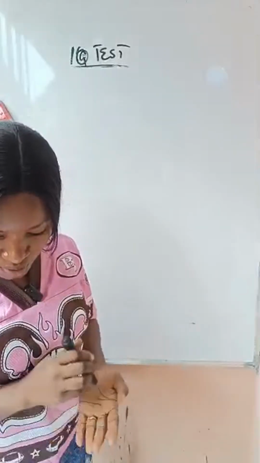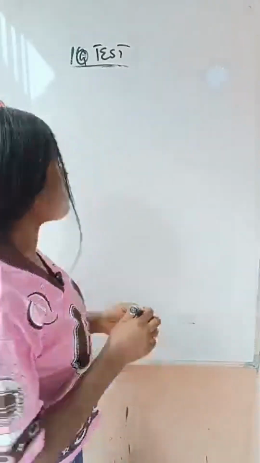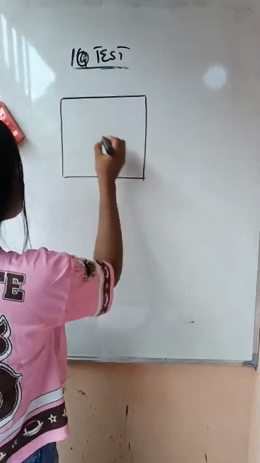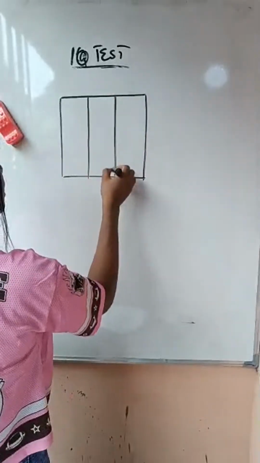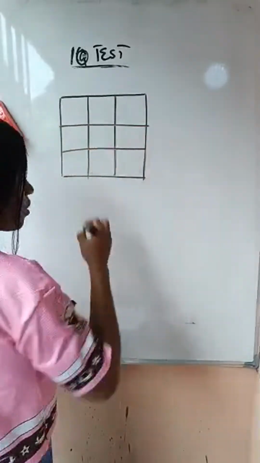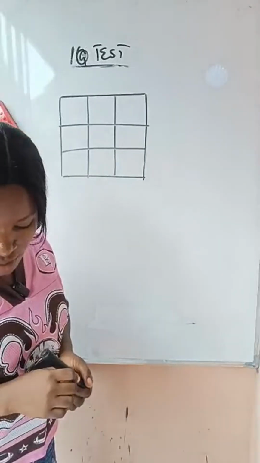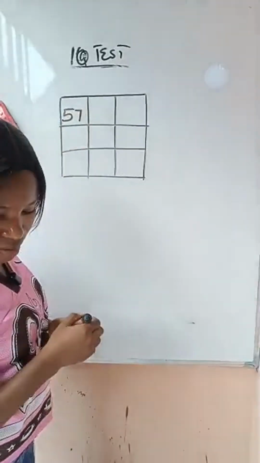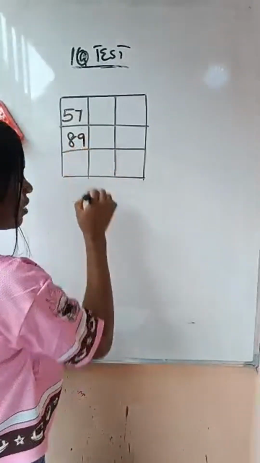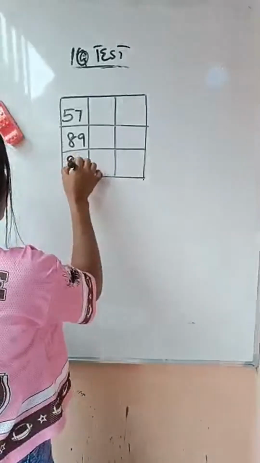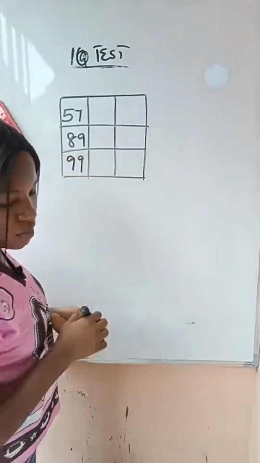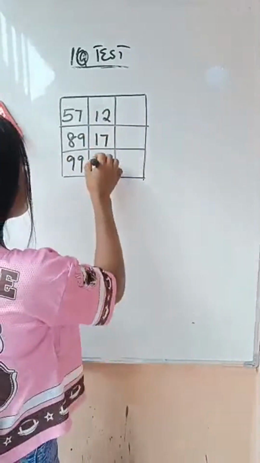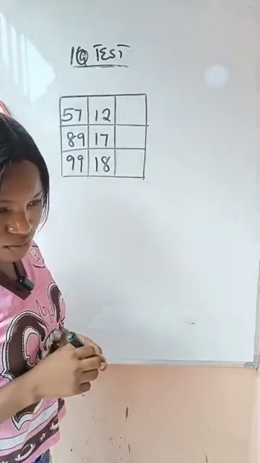So let's see who gets this right. Now, you need to think very deeply to get this right. So we have 3 by 3, and we have 57 here, 89 here, and 99. So we have 12, 17, and 18.